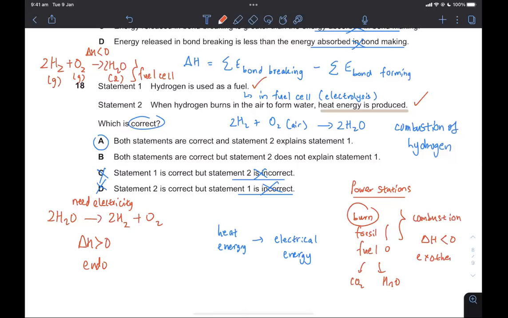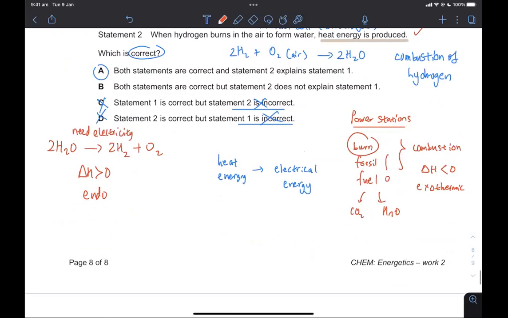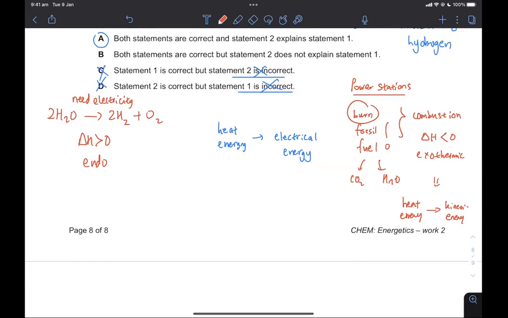So that means it releases heat. What does the heat energy go to? Perhaps I don't want to talk about the kinetic energy. I want to talk about the heat energy going to electrical energy. That is what happens in a power plant.